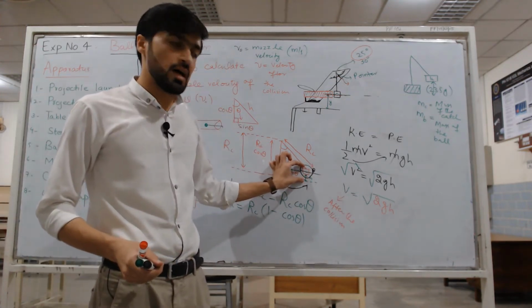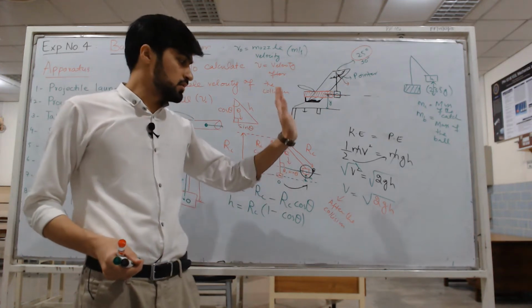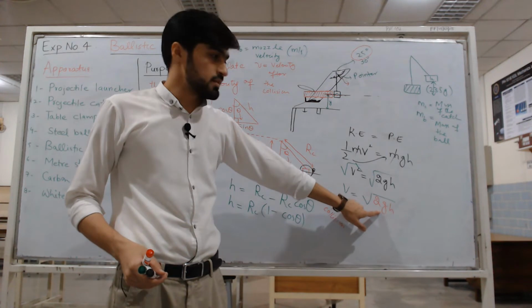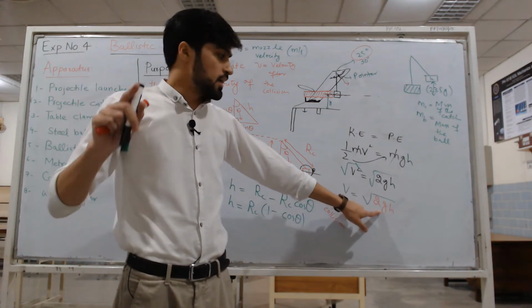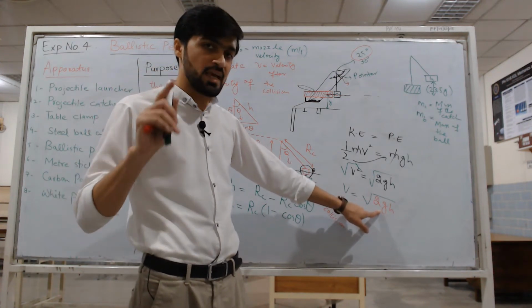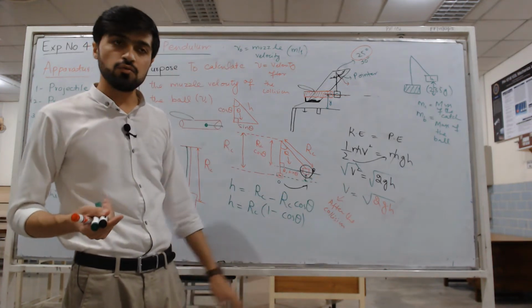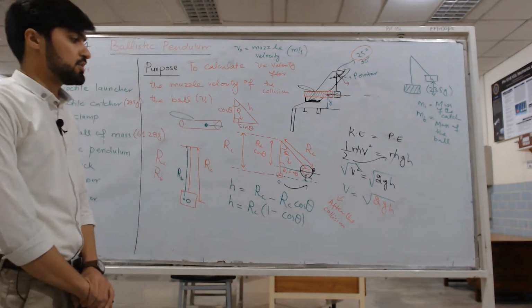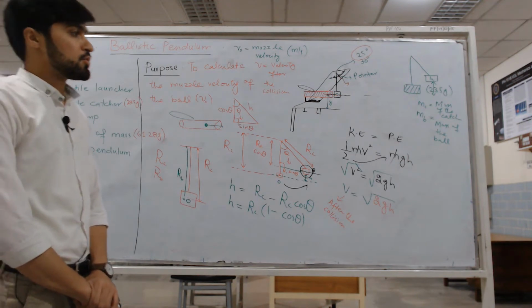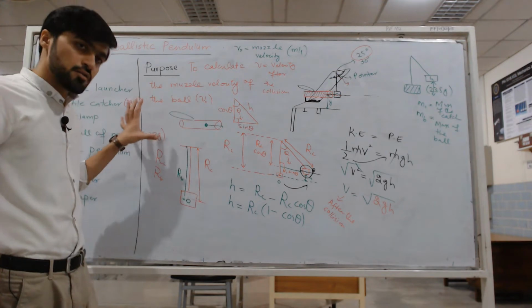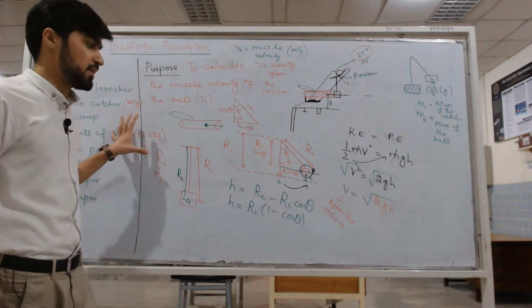If you know the height the pendulum has covered, and we know the value of g is 9.8 meters per second square, keeping and using the same set of units, 2 is a constant, and if you take the square root, you will get the velocity after the collision. So this was for the conservation of kinetic energy, and we have also discussed the conservation of momentum case.